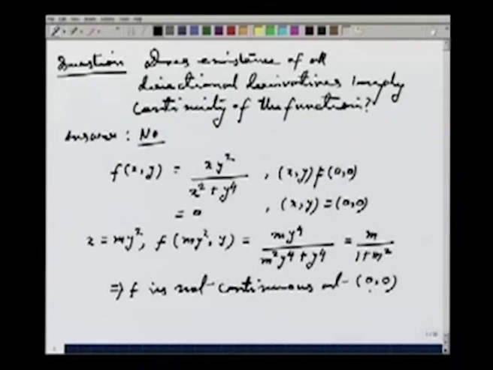But then what about the directional derivatives? First note that the usual partial derivatives exist, because the limit as h goes to 0 of f of (h, 0) minus f of (0, 0), divided by h, turns out to be equal to 0, because f of (h, 0) is anyway 0, which follows from the definition of the function.